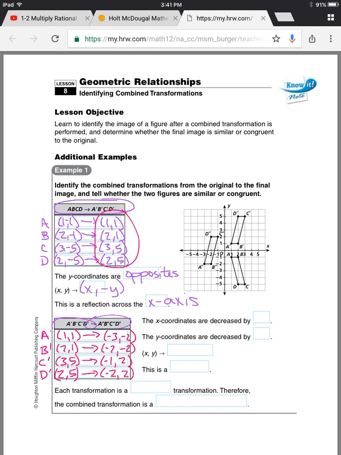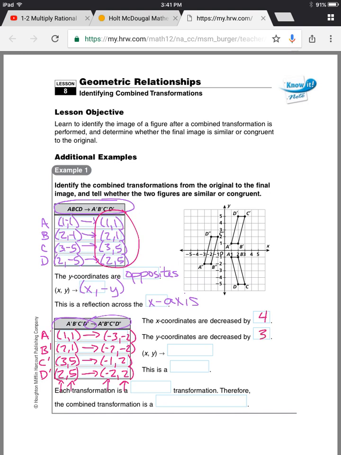Okay. So if you notice on these, the x's, if you compare the x's of our first image and our second image, they all decreased by 4. If you subtract 4 from all your x's here, you would get all these x's. And the y's, to get from these y's to these y's, you have to decrease them by 3.